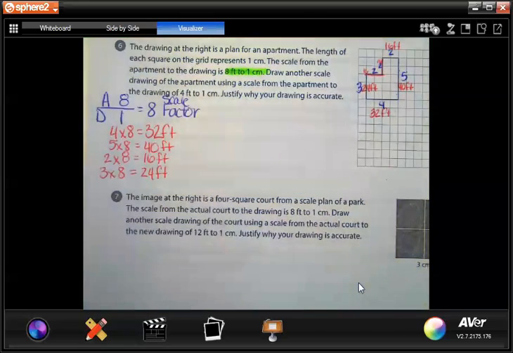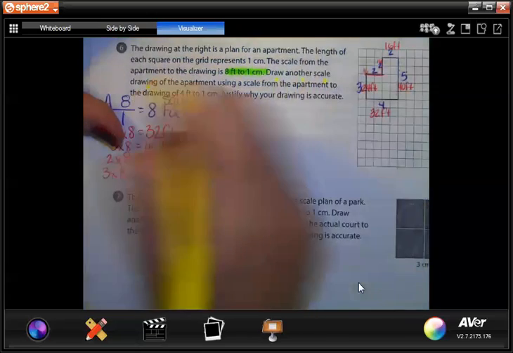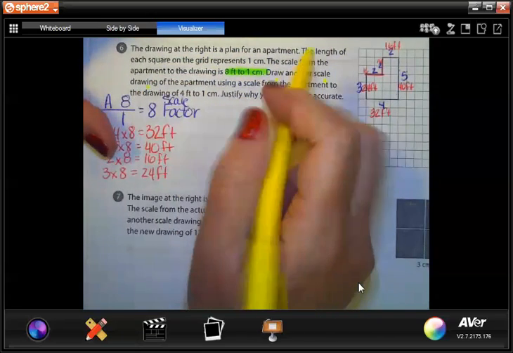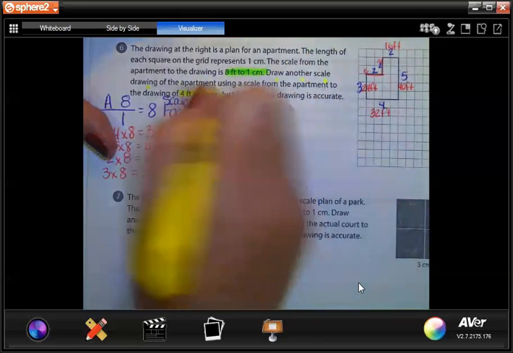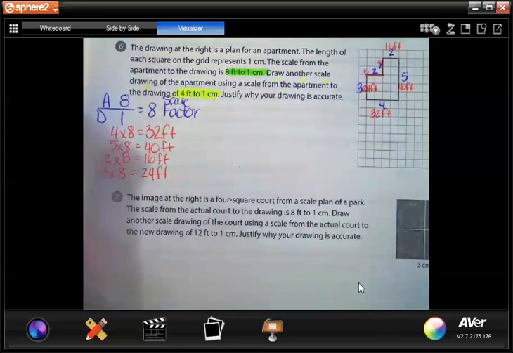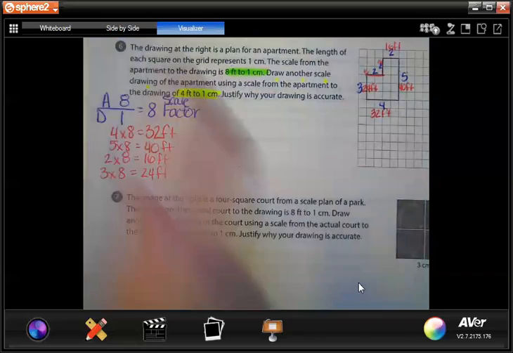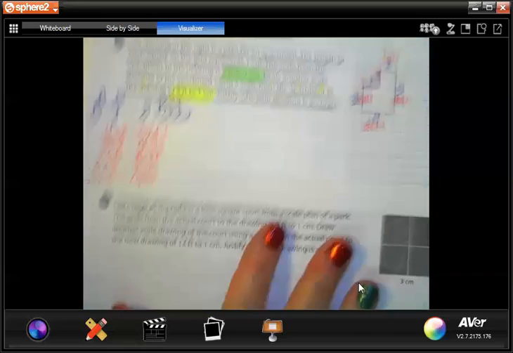Now, we are going to draw another scale drawing of this apartment, but now we're going to use a scale of 4 actual feet to 1 centimeter. Okay, so 4 actual feet to 1 centimeter.